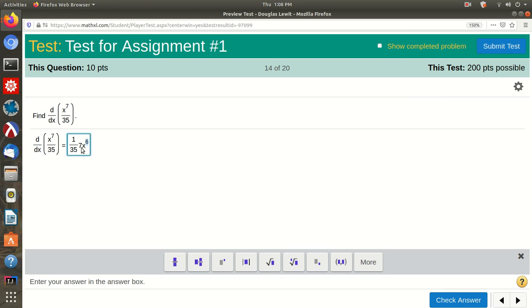Now, what is 7 divided by 35? I know that 35 is actually 7 times 5, so the 7s are going to cancel, and here I'm simply going to be left with 1/5 times x to the power 6.